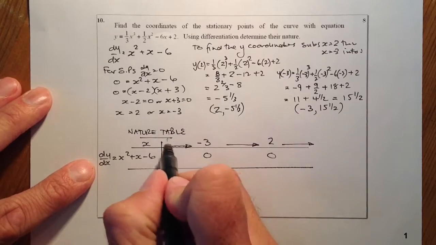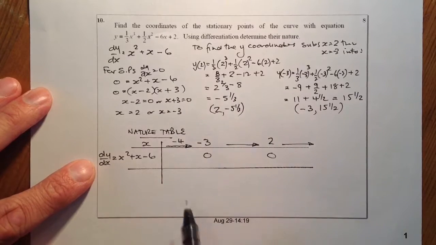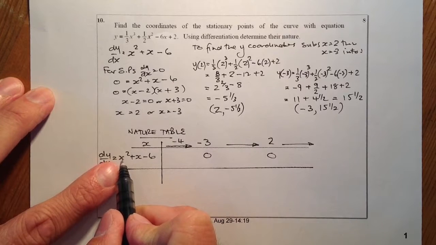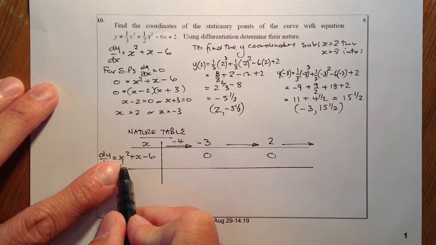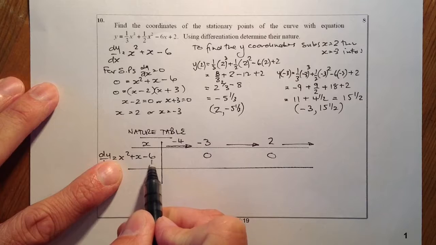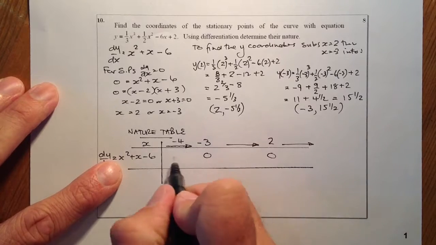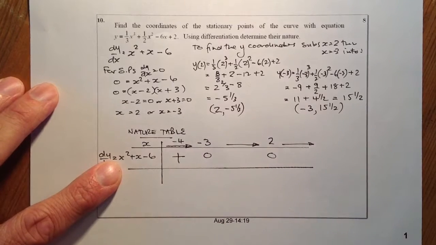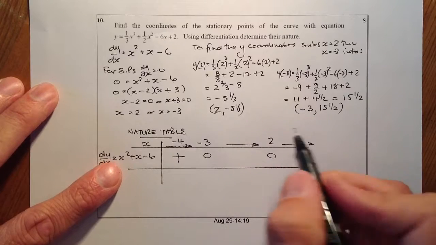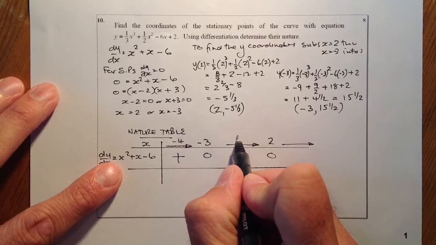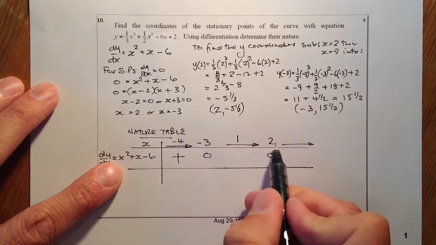Okay, so what if I take -4 and I substitute -4 in here? So that'll give me 16. 16 minus 4 minus 6 will give me 6, so that's going to be a positive value that I'm going to get out of there. So let me take a value of 1 going in here, because that's between -3 and 2.